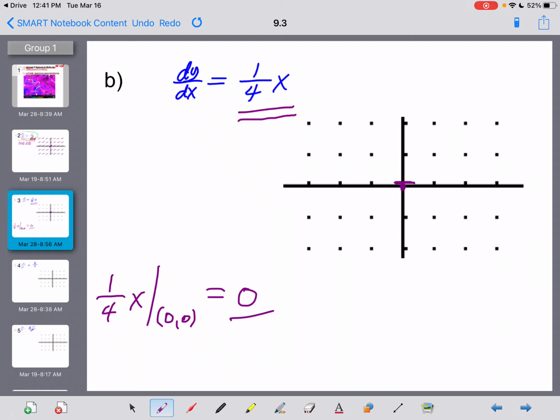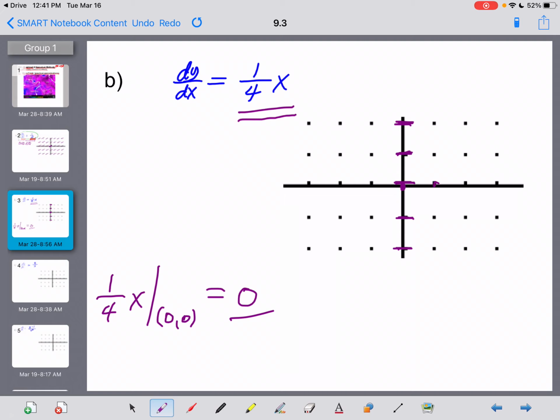That happens at the origin, but it also happens at the point 0, 1. So that's going to be horizontal as well, and 0, 2, and 0, -1, and really anywhere on the y-axis. So at all 5 of these points, they all have the same x coordinate. So since this derivative is expressed solely in terms of x, all 5 of those derivatives are going to be the same, and the slope fields are going to look the same.